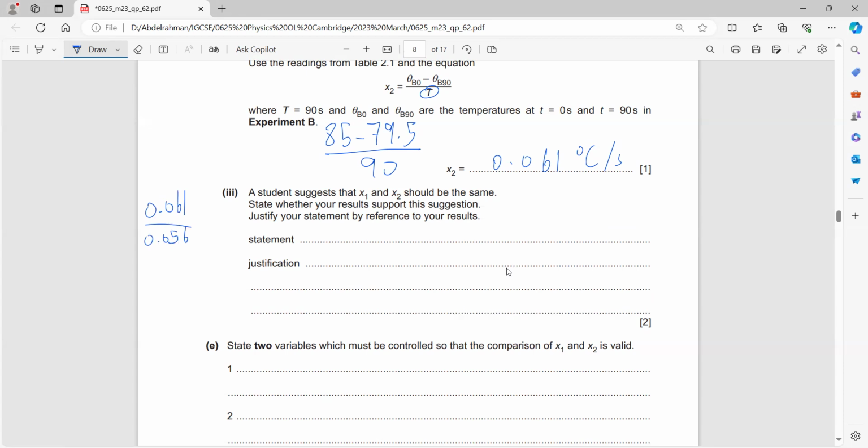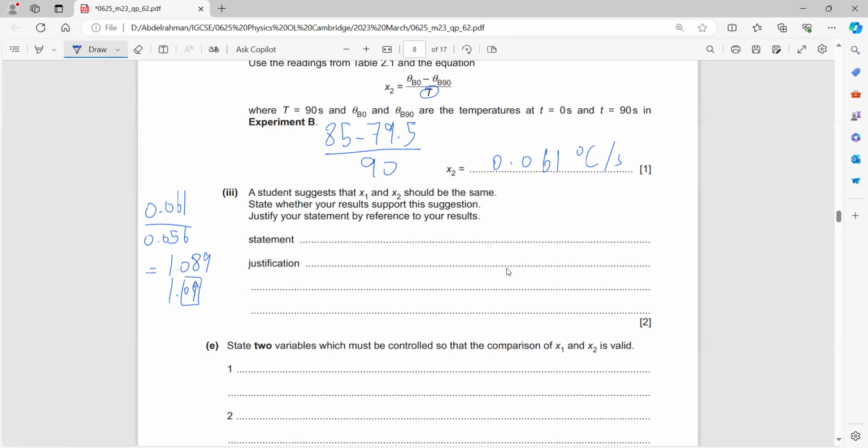What's the answer to this? 1.089, which is 1.09.